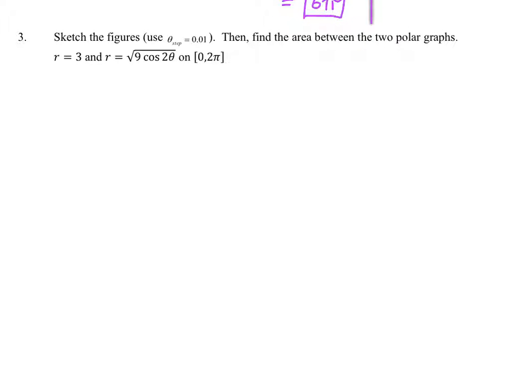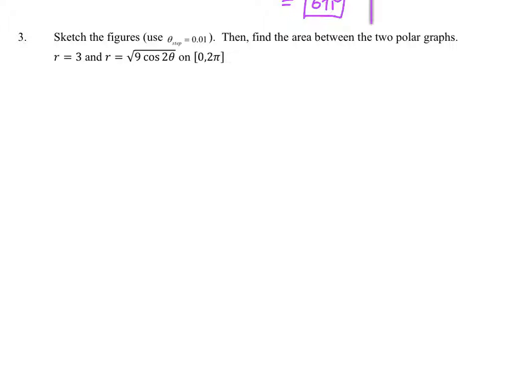But fortunately, we have calculators, so as long as you never forget that, then I think you'll be okay. All right? So r equals 3 is a circle with a radius 3. The other one, if you happen to recognize that as a lemniscate, then wonderful. But again, because you have a calculator, you don't officially need to recognize it as a lemniscate, because the calculator is going to set you up.